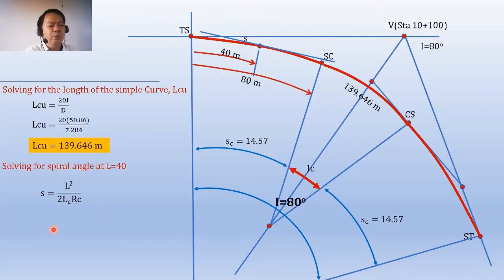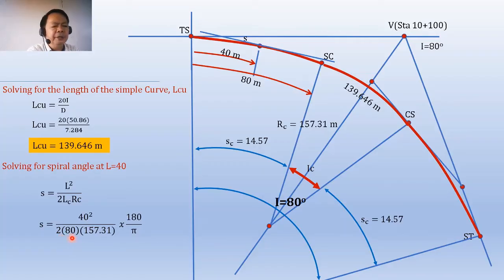When we substitute the values, we shall have 40 squared divided by 2 times 80 times 157.31, multiplied by 180 over pi, giving us a value of the spiral angle at L equal to 40, and this is equal to 3.64 degrees. This S is actually 3.64 degrees.